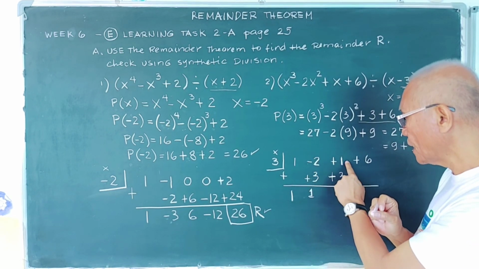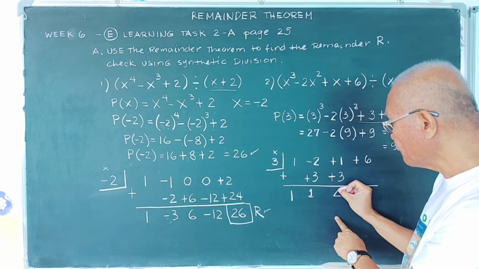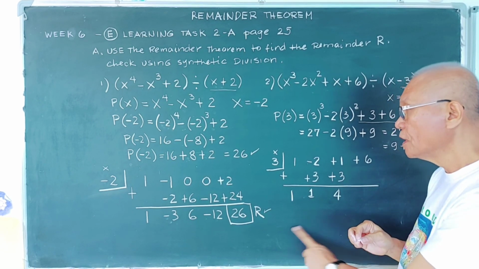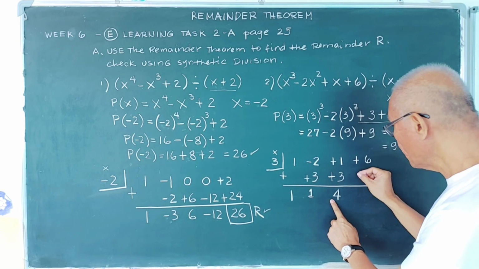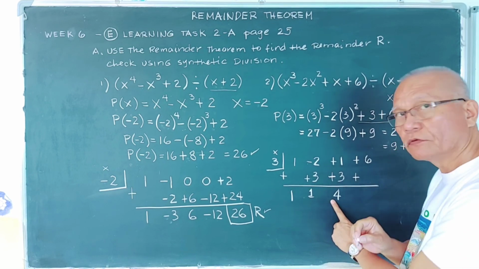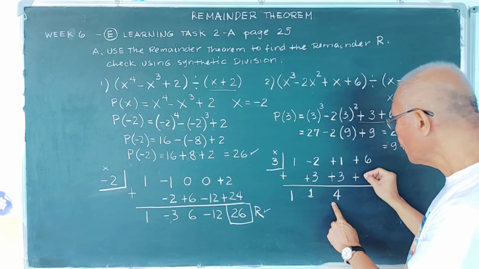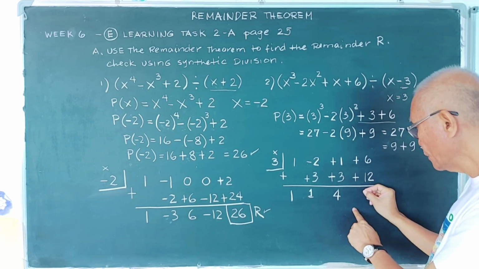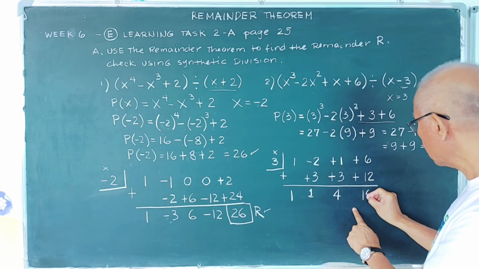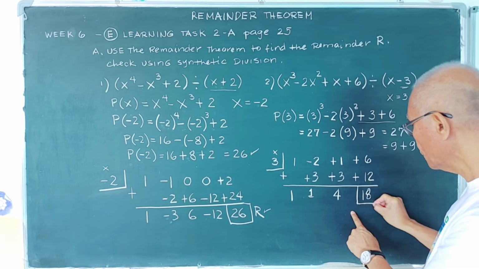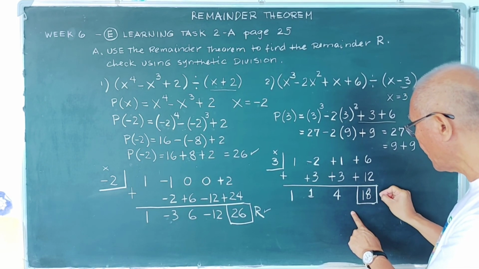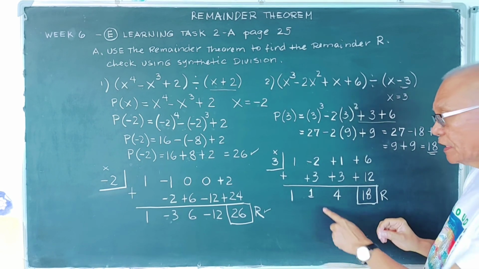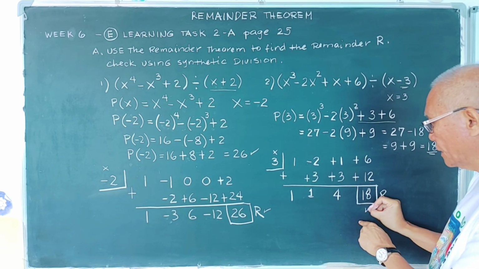Aadin natin, 1 plus 3 ay 4, positive. Positive times positive is positive. 3 times 4 is 12. And then addin natin ito. So, this is 18. At ito ang ating remainder. So, ang remainder natin sa synthetic division is 18.